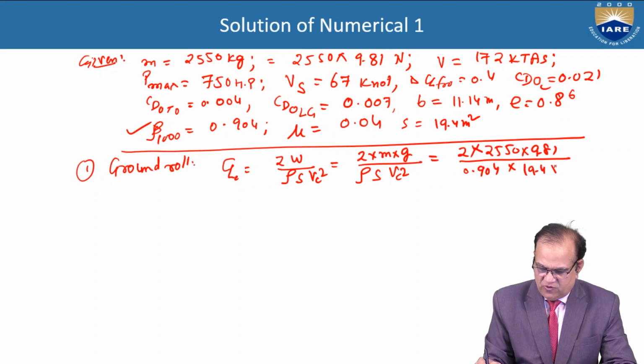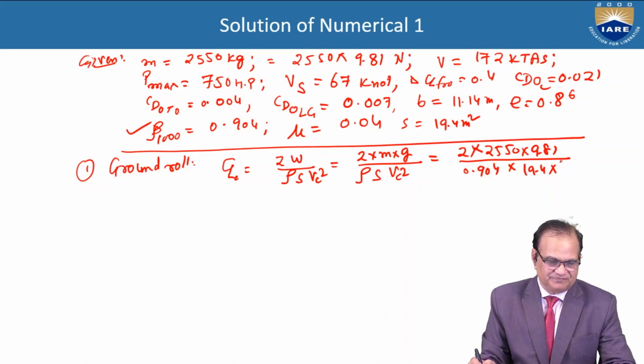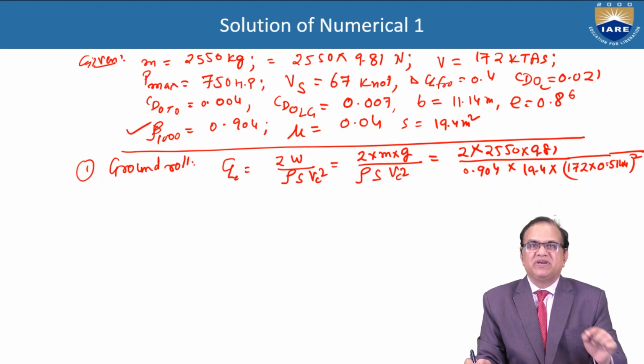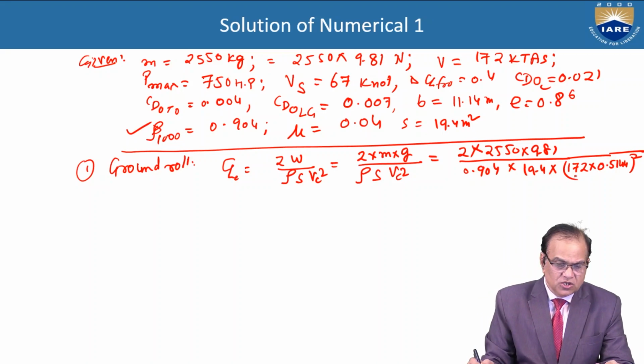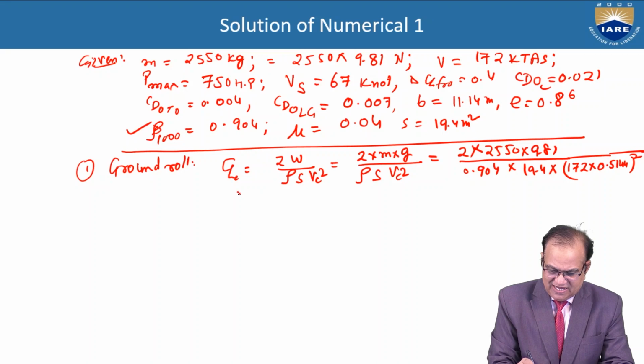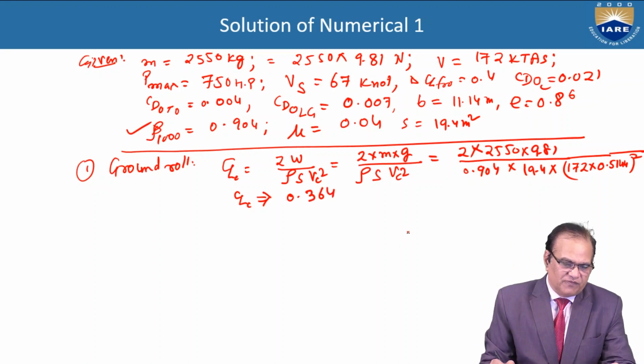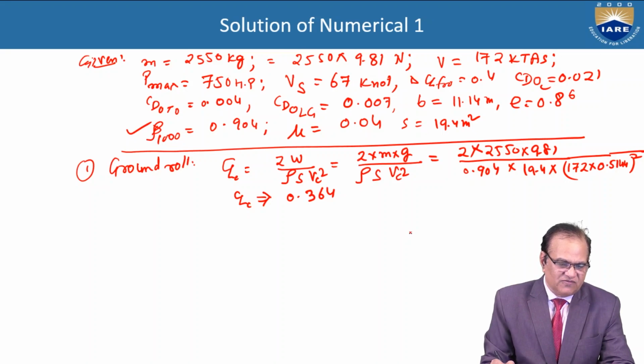VC is 172 knots, so 172 into 0.5144 to convert knots into meter per second. So we will get CL cruise equal to 0.364. So one parameter, the coefficient of lift for this condition, we have got as 0.364.